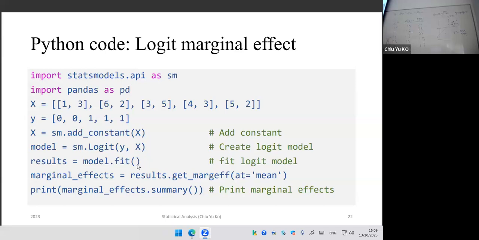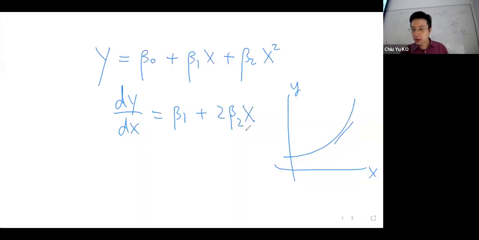It has many values, but you calculate it at the value of the mean. In the context of the quadratic, we calculate depending on x, but we calculate at the mean of x. That is what that means.